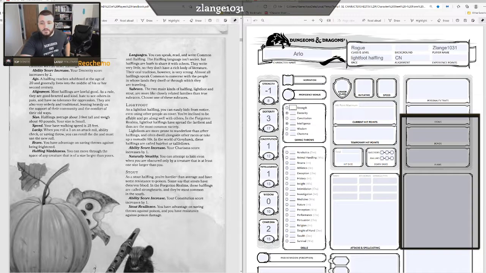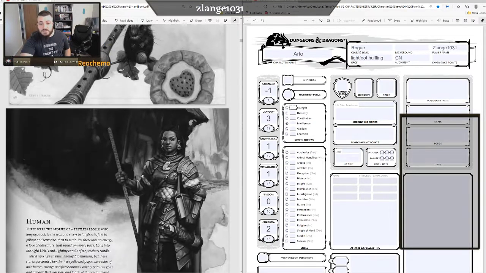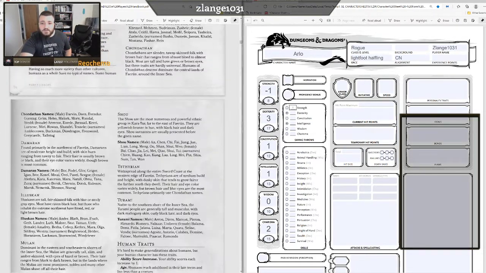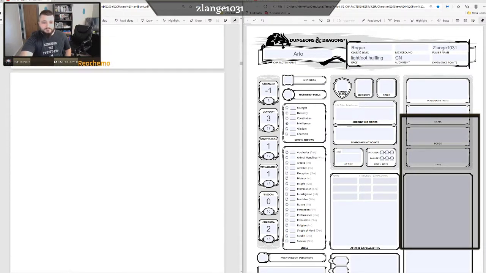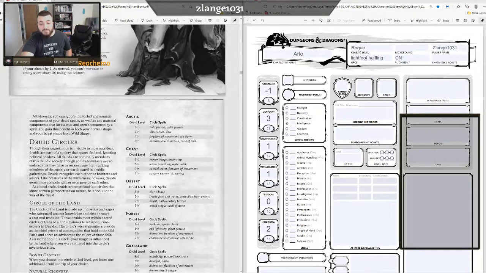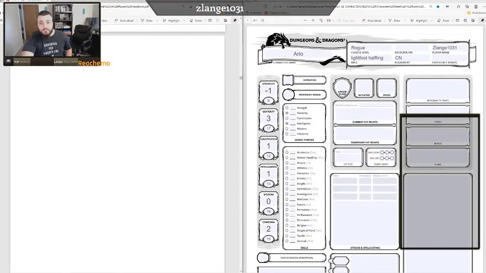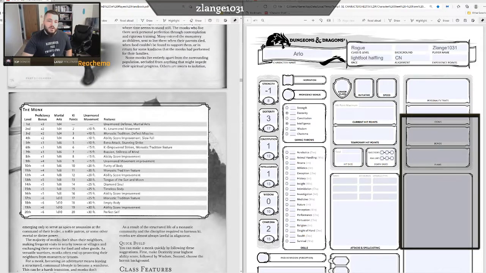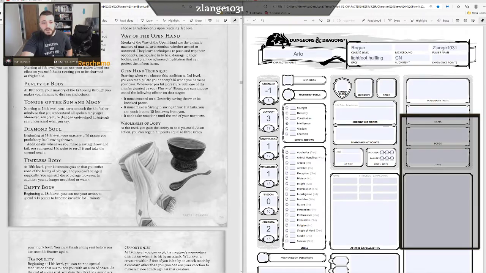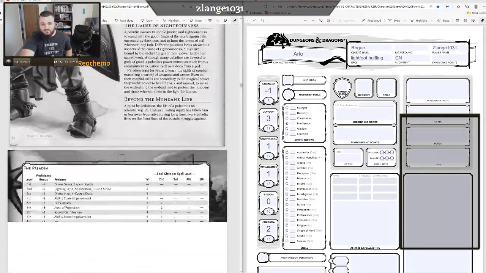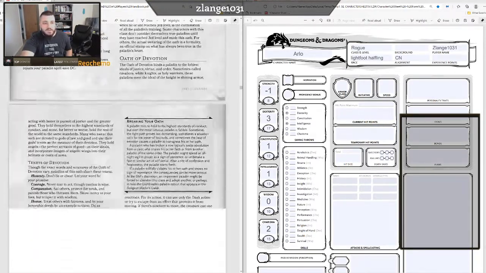No, wait, we need our proficiency bonus first. So now we need to head back to the class. Now, I understand that this method is a lot of back and forth, but if you try to go straight through, you're going to miss things, and you're going to have to go back through anyways.